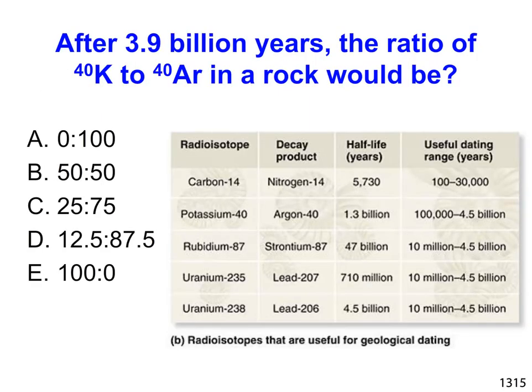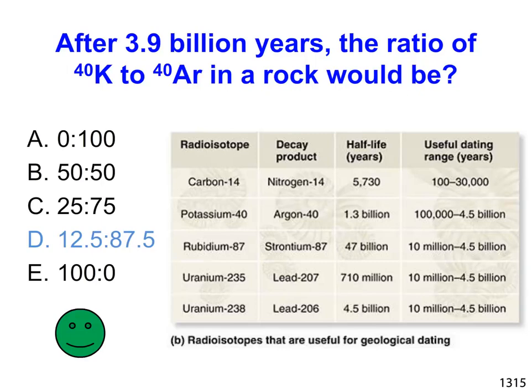Read through the question, use the table, address the question to the best of your ability, and when you're ready, start up lecture again. Okay, so 3.9 billion years. This should make sense from potassium to argon, which, by the way, is the second line.